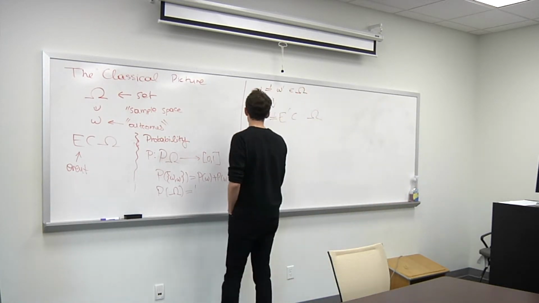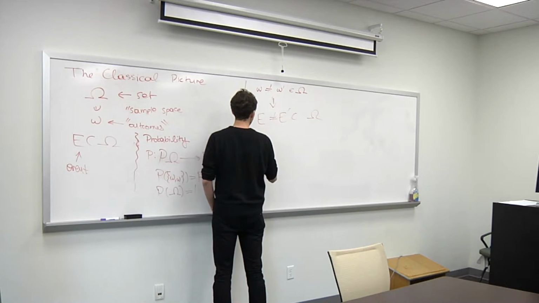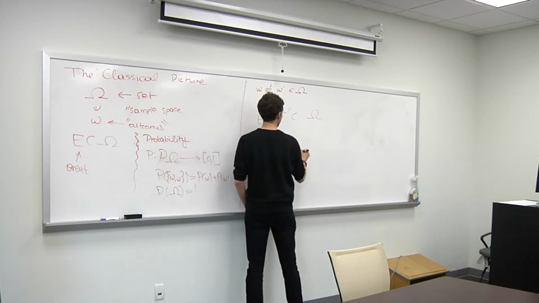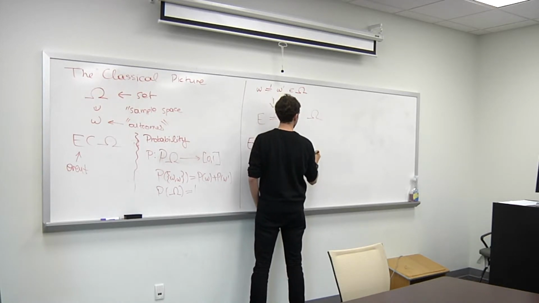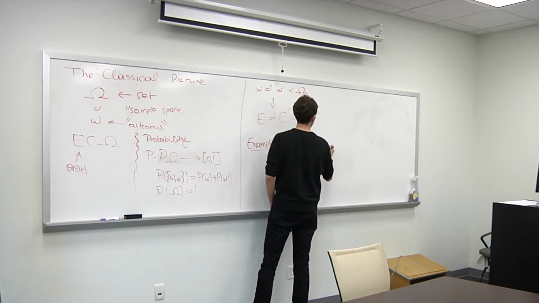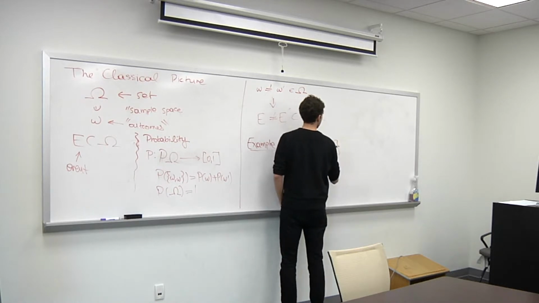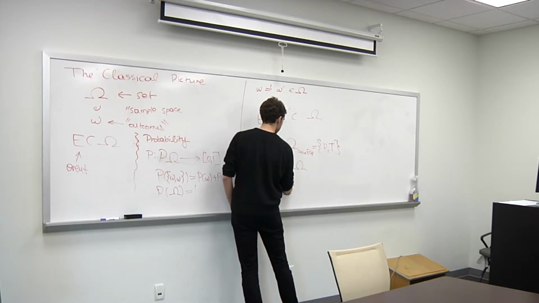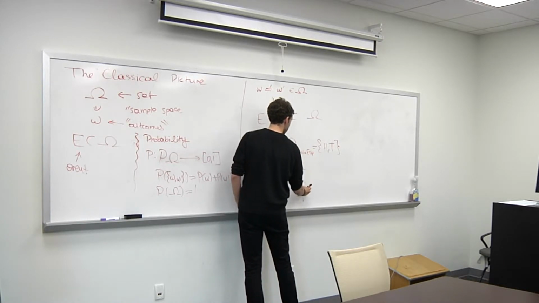Okay, so for example, the simplest, classic example, the sample space for a coin flip would be something that can be written like this: heads and tails. Heads is an outcome that is distinct from tails, which is also an outcome.